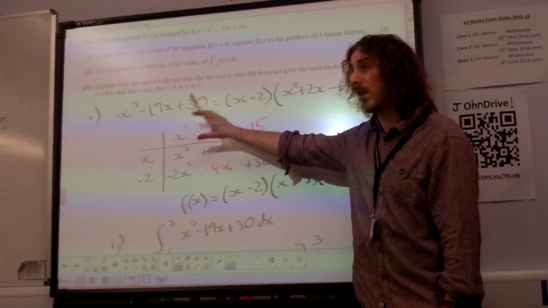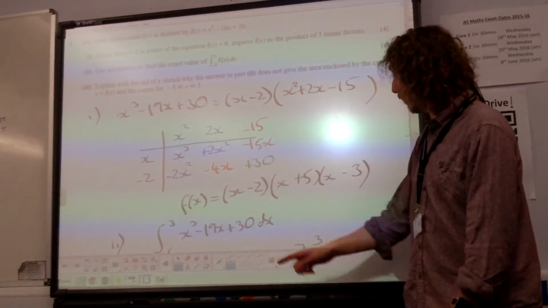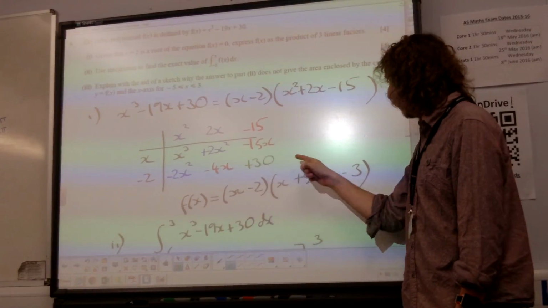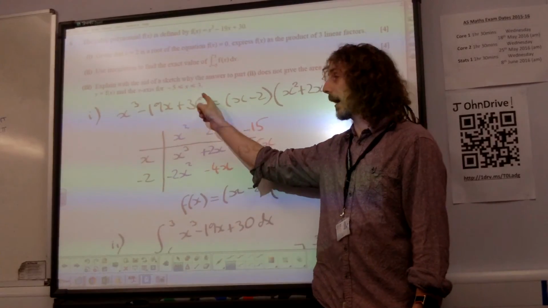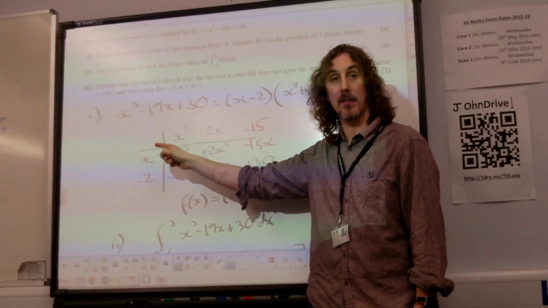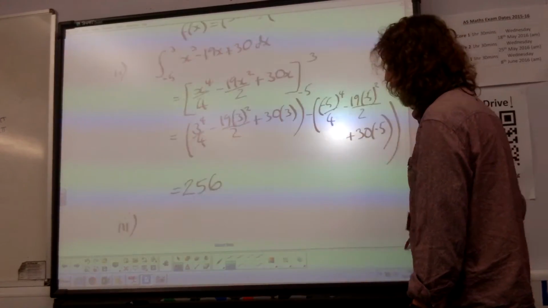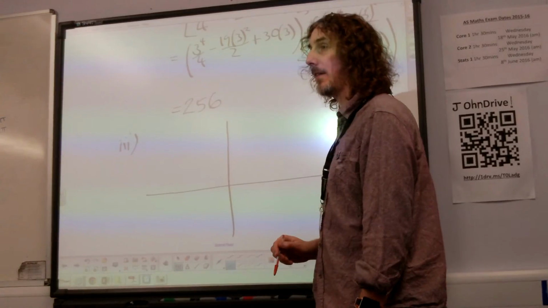Part 1 was kind of sorting the sketch out for you. Part 1 gave you the points where it crosses the x-axis, so +2, -5 and +3. That number hanging around there is the point where it crosses the y-axis. So our sketch, as long as you've got that bit right, should be fairly easy to do.